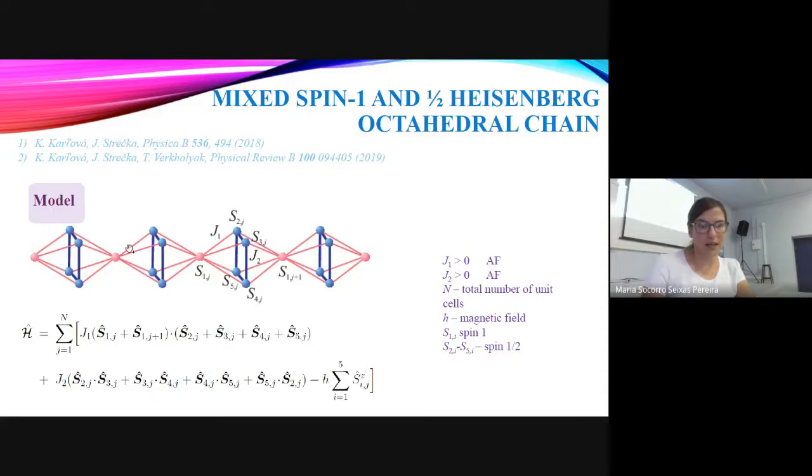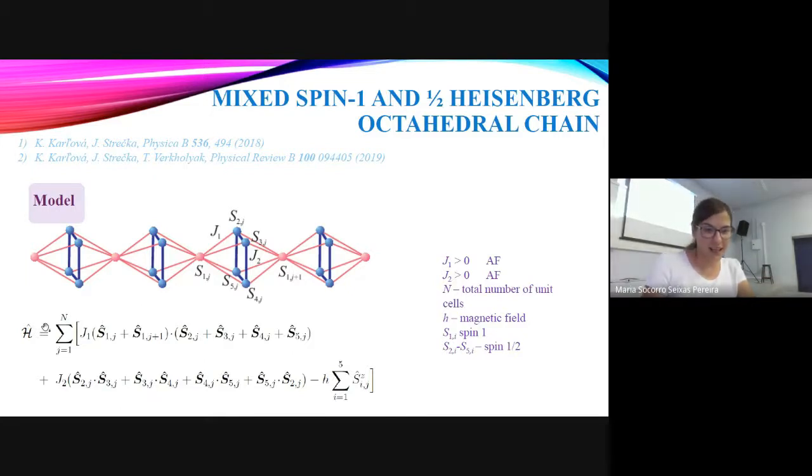We have considered monomeric spin 1 particles, which interact with spin 1/2 particles from the square plaquette by antiferromagnetic interaction, and also the nearest neighbor particles from the square plaquette interact with antiferromagnetic interaction.